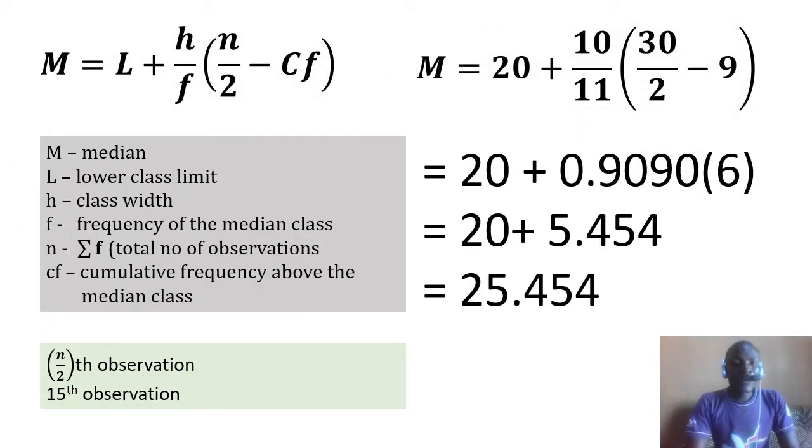Now the next thing we are going to look at is the median of that same distribution. When you talk about the median, the formula is as simple as the one I have just included here.